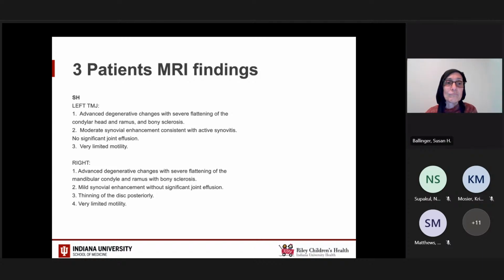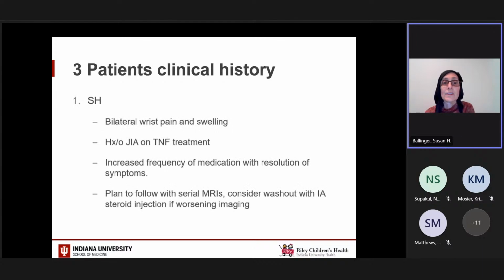What you need to know about SH is she also had bilateral wrist pain and swelling. She had a diagnosis of JIA on TNF treatment when she was referred to our clinic. She's actually a patient of mine. She was having a flare of her arthritis overall when she presented to TMJ clinic.